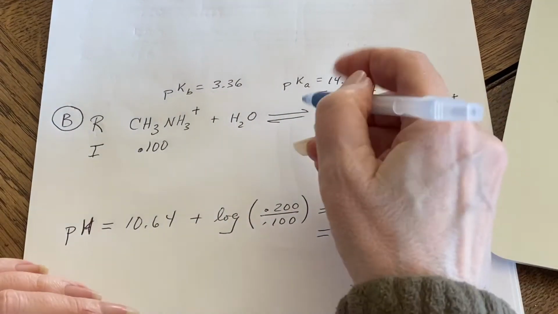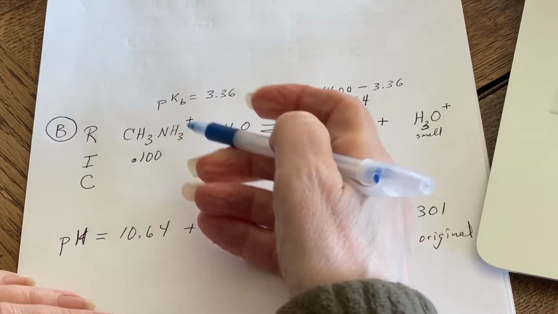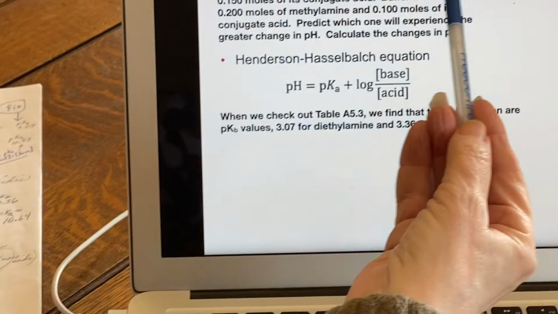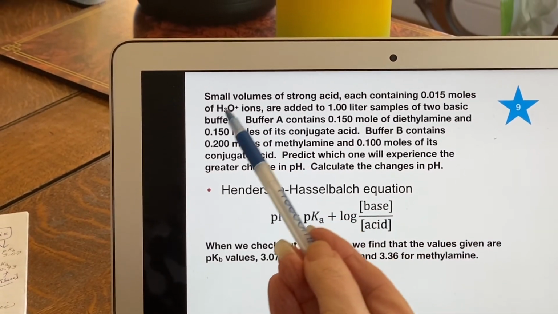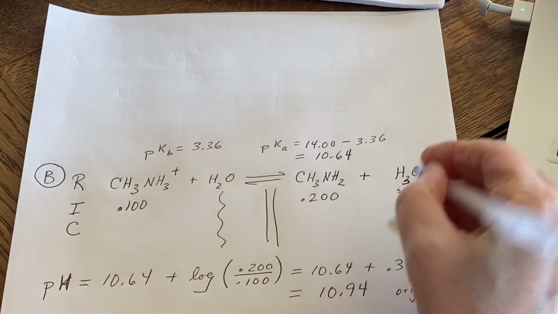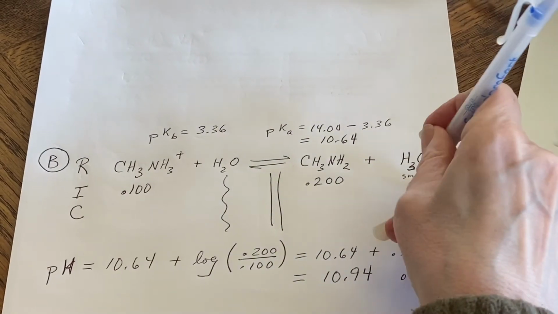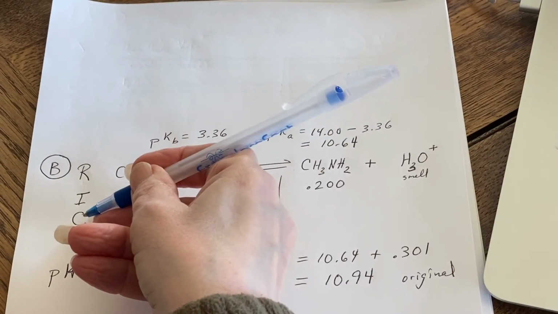Now, what am I doing? I'm doing the usual. I've got to change it. What am I changing it by? I'm adding 0.015 moles of these hydronium ions. If I dump that in here, this is going to do its level best to bring this down to where it's really, really small. So basically, when I throw it in there, everything's going to shift this way.